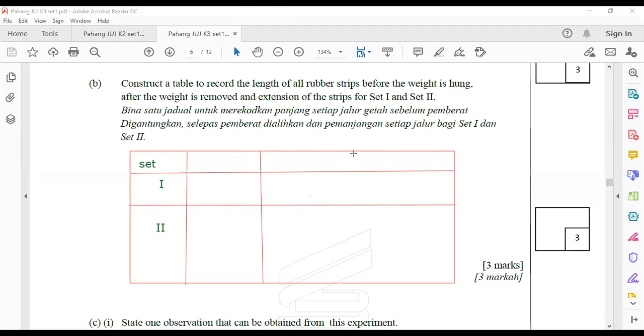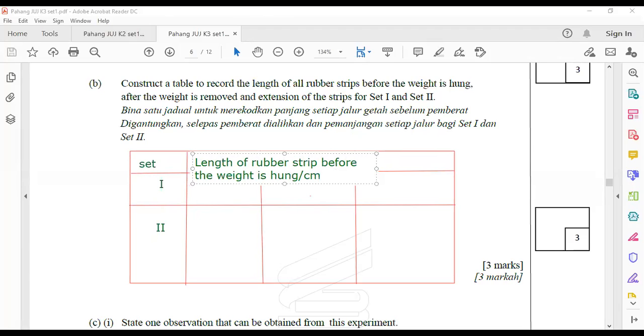Column 2, column 3, and column 4. Okay, now for the first column here, you are going to put length of rubber strip before the weight is hung.